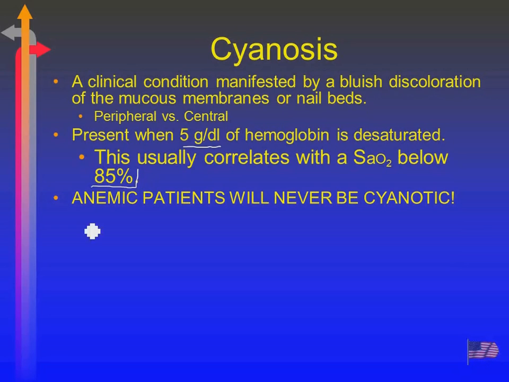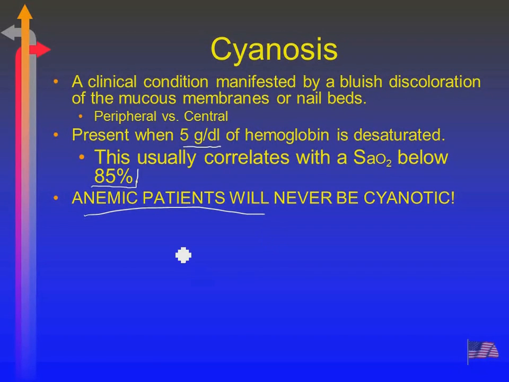And anemic patients, they're going to look pale. In a lot of cases, they can be profoundly hypoxemic and they do not look cyanotic. So cyanosis is a sign that you'll see that tells you that the patient is hypoxemic, but you got to be careful using it. If you're waiting for them to become cyanotic before you intervene, you're waiting too long.